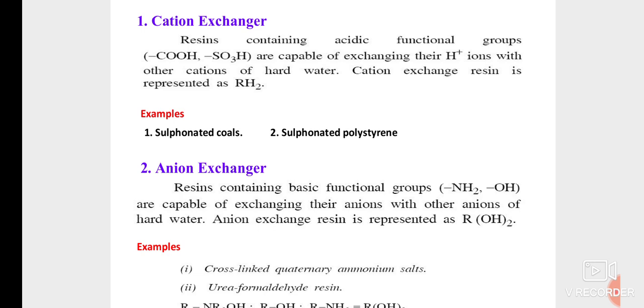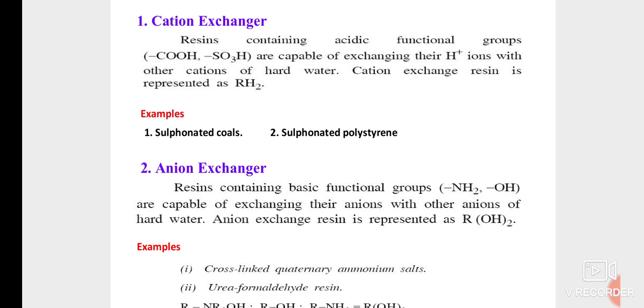First, the cation exchanger. What is a cation exchanger? Resins containing acidic functional groups, like the carboxylic group COOH or the sulfonic acid group SO3H, are capable of exchanging H+ ions for the other cations of hard water.